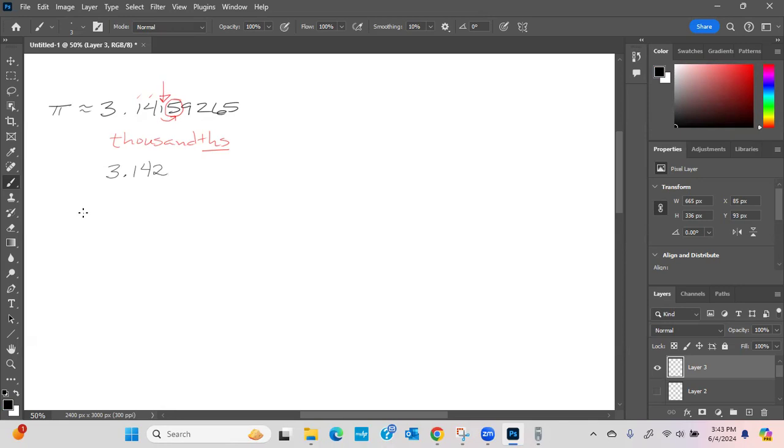So this has now been rounded to the thousandths. Normally we round it to the hundredths. We usually use 3.14 if we're not going to use the full value of pi. Our calculators often have the full value of pi in them, but if you don't want to use that, you can round to 3.14 in this class.